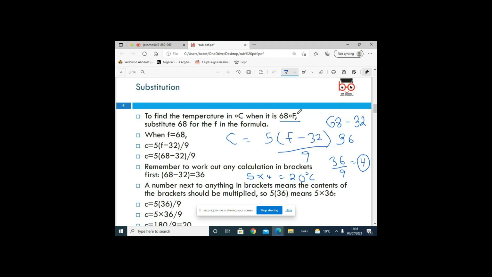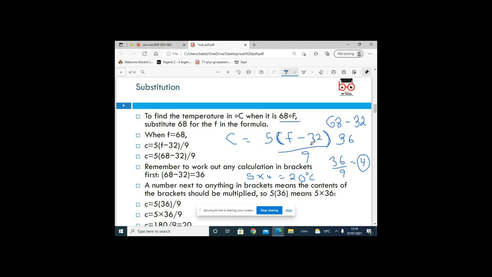This is how to do it. When they give you the Fahrenheit, anywhere you see F, just put 68 there. You do the subtraction first, 68 minus 32, because it's in brackets. Don't forget the order of operations, BODMAS. You do the one inside the bracket first. 68 minus 32 gives 36.